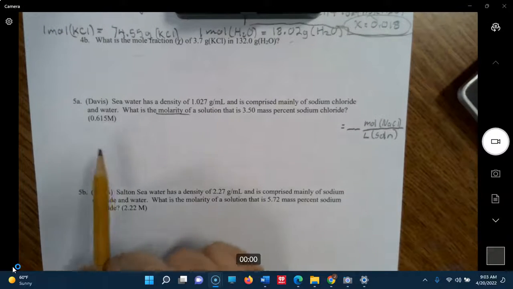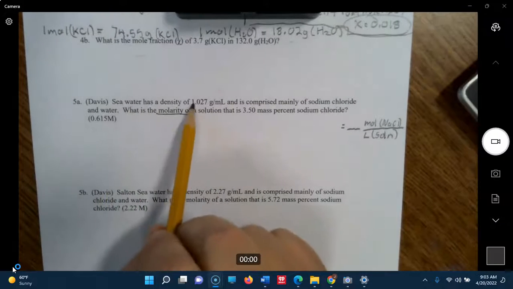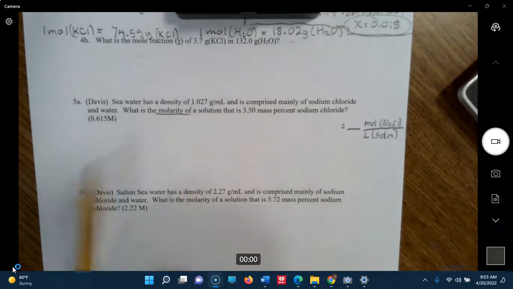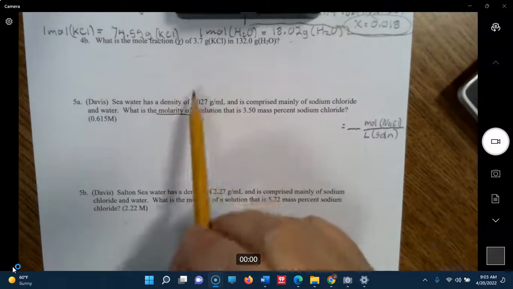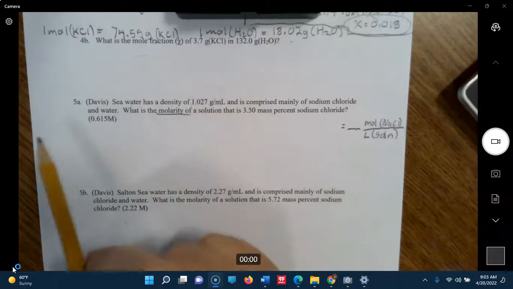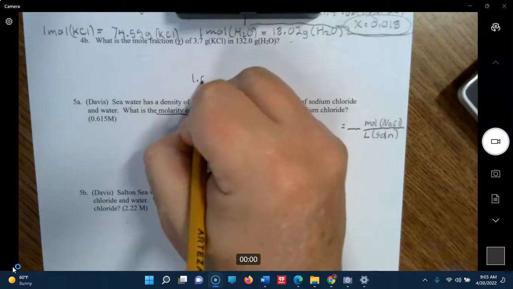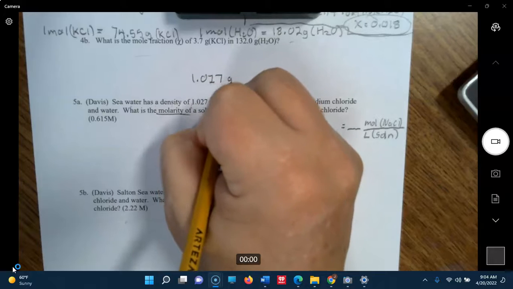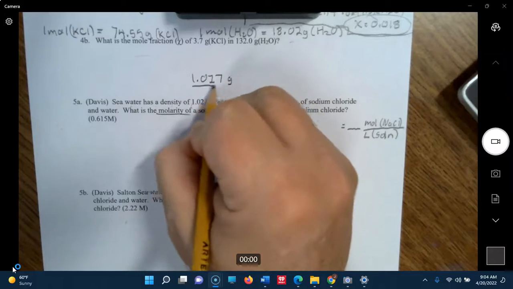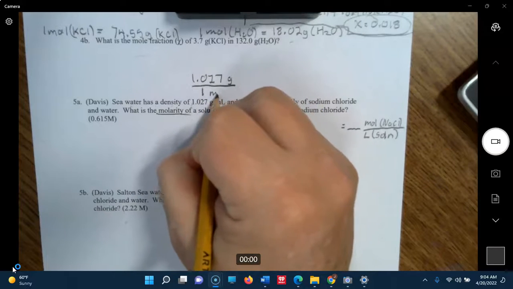Okay, let's go through and pick this apart. Seawater has a density of 1.027 grams per milliliter. Now I'm going to write up here because I'm not going to do this problem, but you don't want to necessarily write up here. You can write over in the margin. Okay, what does that mean? It means 1.027 grams for every 1 milliliter.